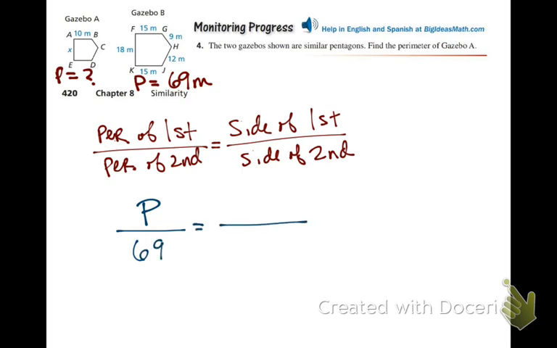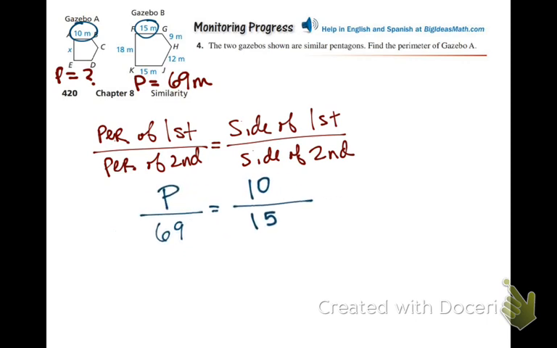All right, and then it says a side of the first over a side of the second. What is the only side you're given? 10. So you have to use the side it corresponds with in the second pentagon. So which side would that be? 15. So you're going to do 10 over 15. When you have one proportion set up equal to another, how do you solve that? Cross multiply.